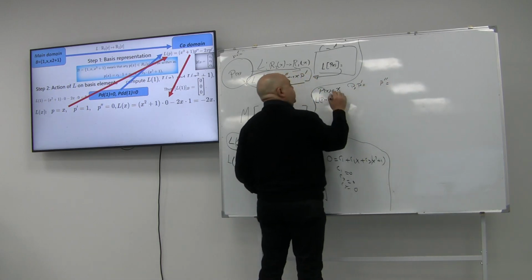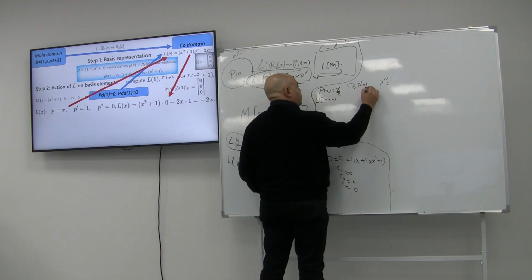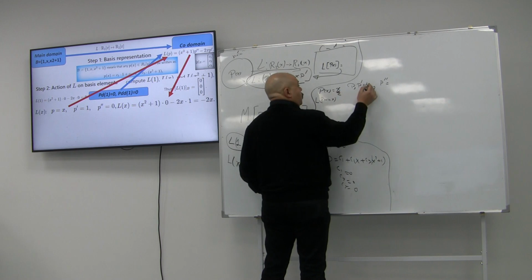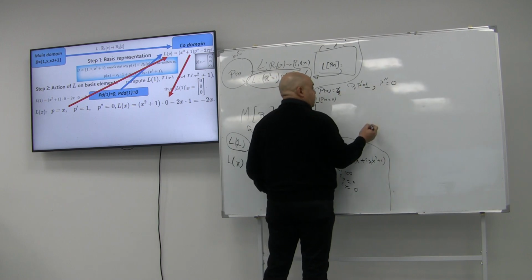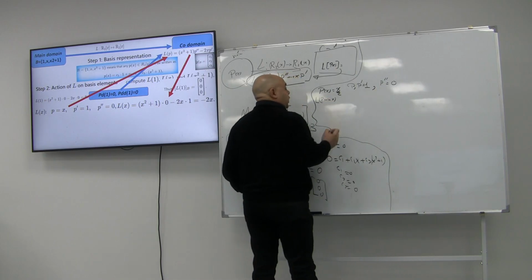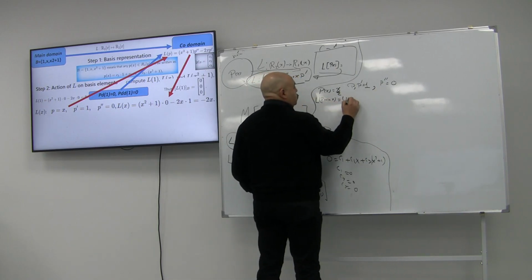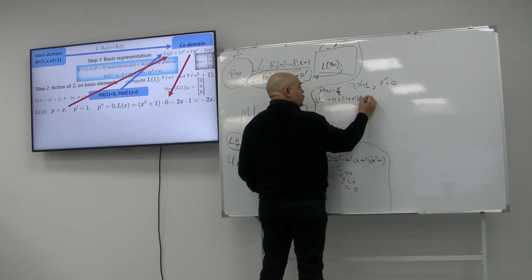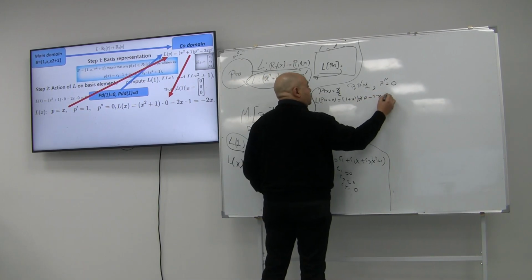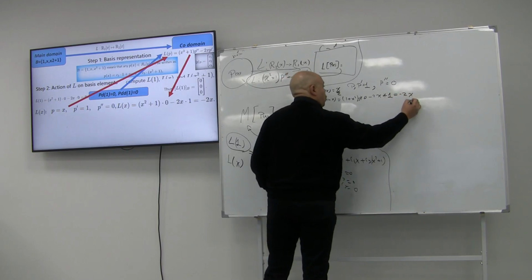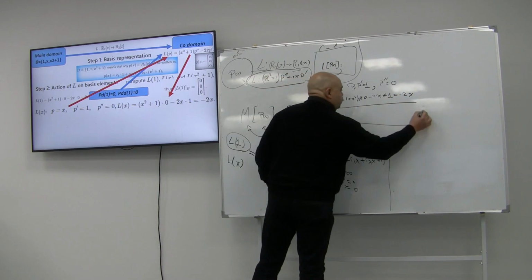B dash is the derivative of x, which is 1. B double dash is the second derivative of x, or the first derivative of 1, which is going to be 0. Take these two pieces of information and start substituting in L, which states that x squared plus 1 times b double dash, so times 0, minus 2x times b dash, which is 1, is going to be negative 2x.